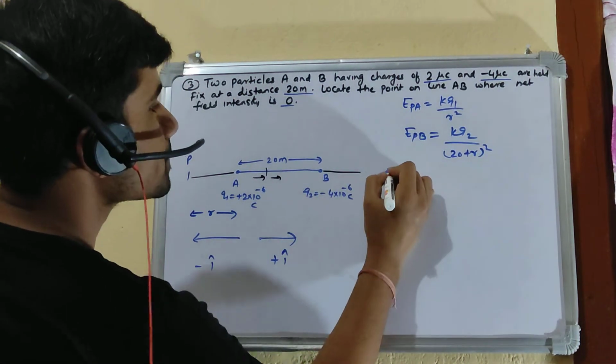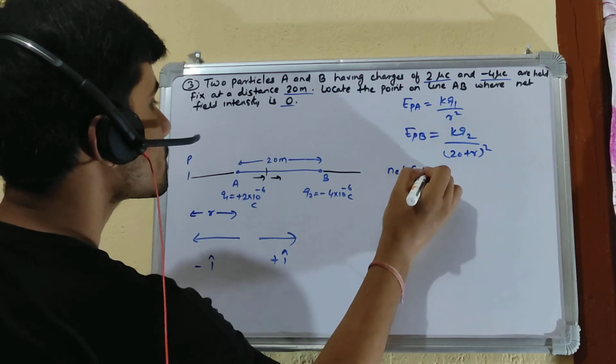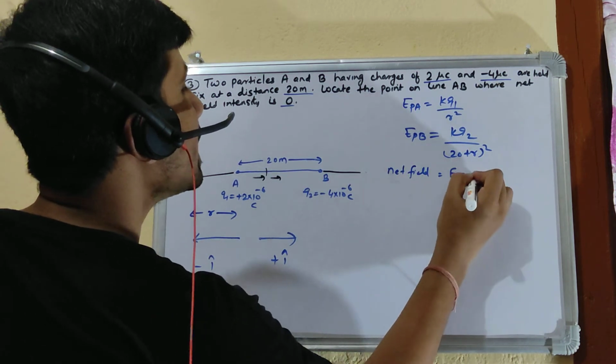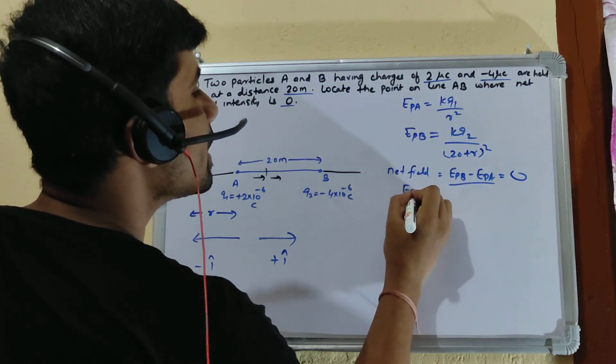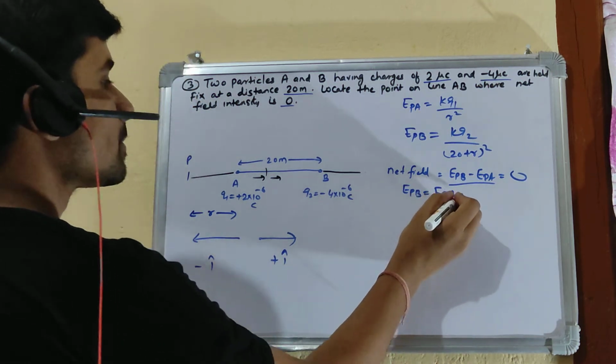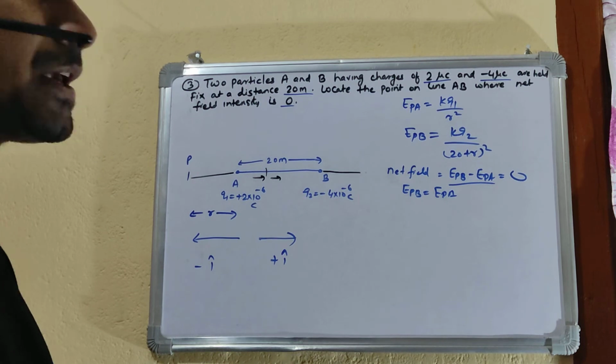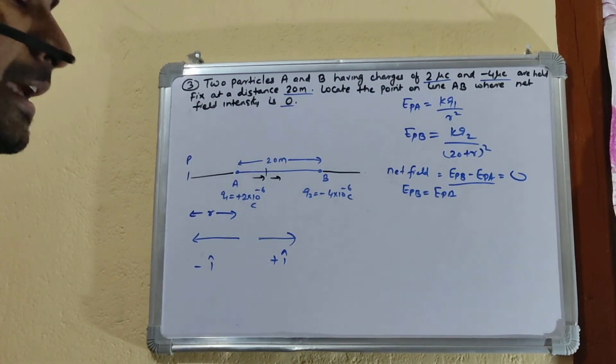Net field is EPB minus EPA, which is equal to 0, and hence EPB equals EPA. Clear?